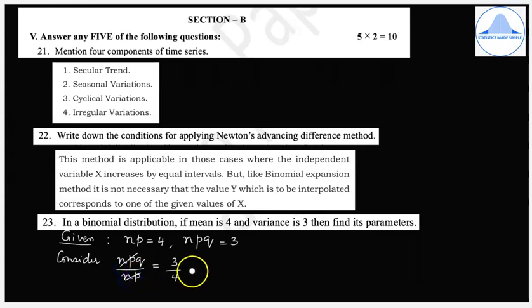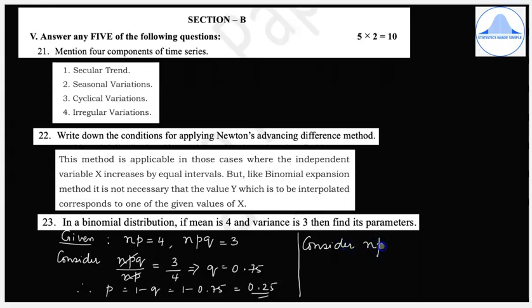NP and NP will get cancelled, which implies that Q is equal to 3 by 4, which means it is 0.75. So our aim is to find out P, which is 1 minus Q. So 1 minus 0.75 is equal to 0.25. So we know that the two parameters of the binomial distribution are n and p. We have got the value of p. Now we have to get n. So you consider any one of the equations.